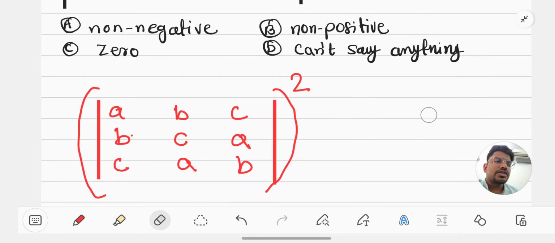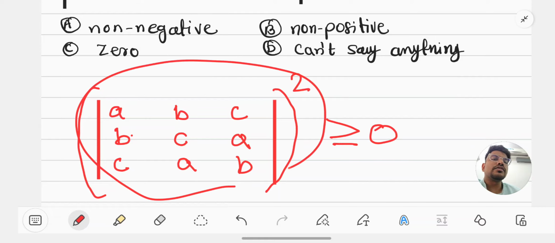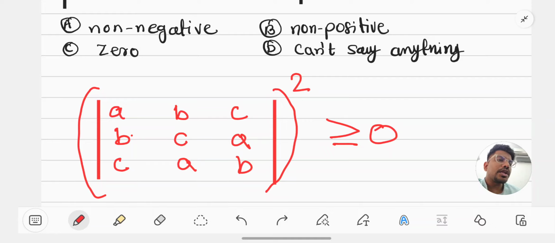Now this is a complete square, right? A complete square can be either 0 or positive, but it can never be negative. It means this is always greater than or equal to 0, and this is nothing but our question. Greater than or equal to 0 means it is never negative. It can be 0 or positive, which is non-negative. So the correct answer to this question is non-negative.